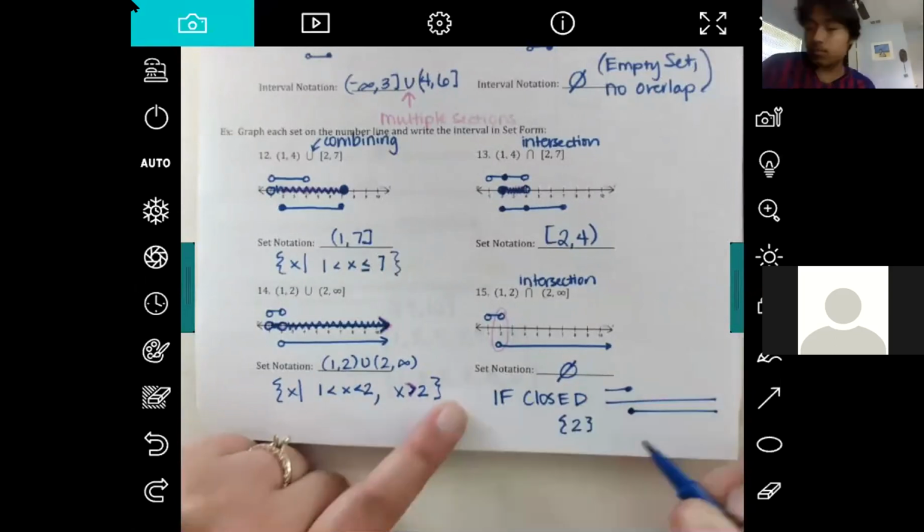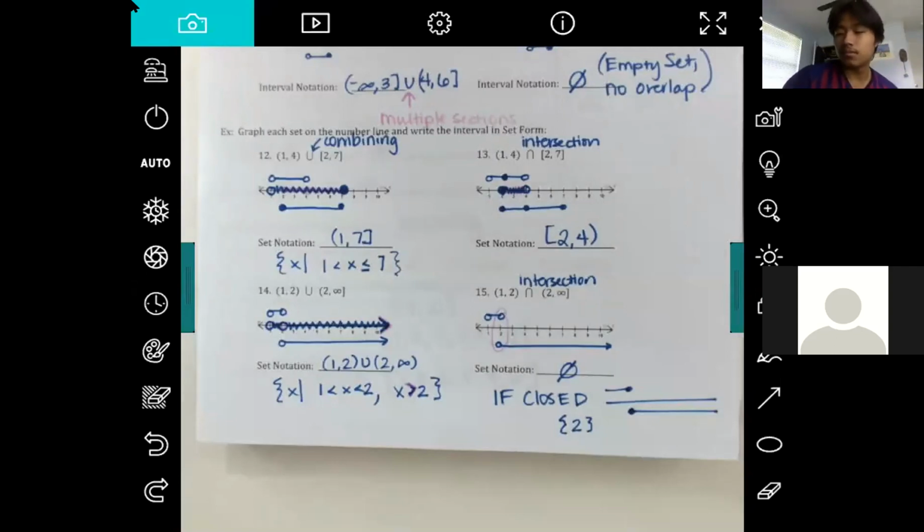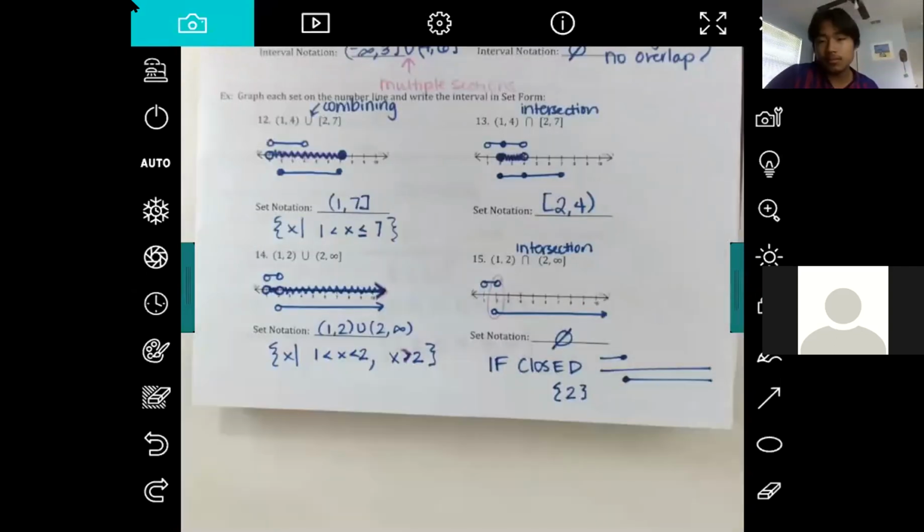It would be literally that one dot is the overlap and then nothing else. And then if it was closed for 14, it would be all real numbers, right? Well, it doesn't shade all the way to the left, so it would have been 1 to infinity, basically. Oh, 1 to infinity. Okay. Does that make sense? Yeah.